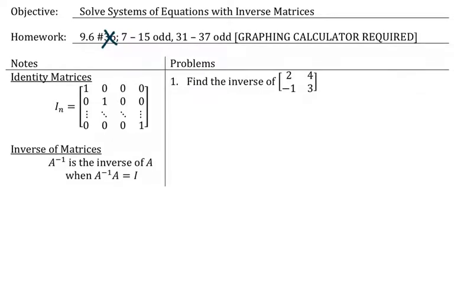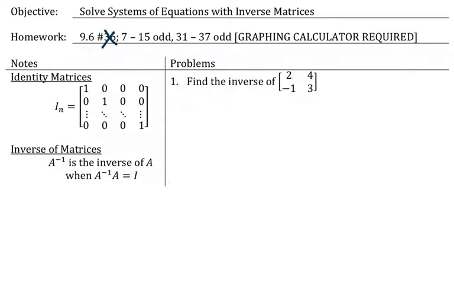Make sure your notes are all set up. Just like we have with numbers, we have inverses and identities with matrices. The identity for usual numbers is 1, because anything multiplied by 1 is itself.